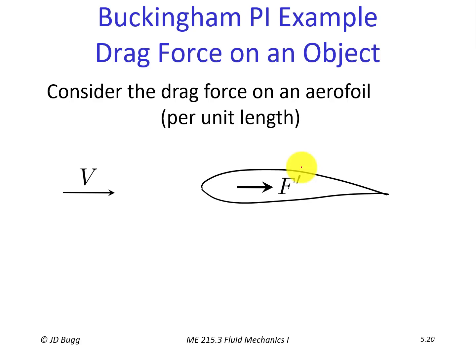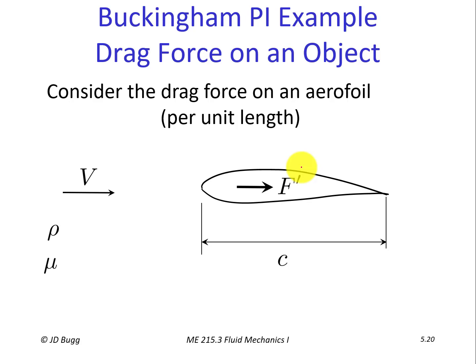So we better start listing V as one of our independent variables. The density of the air approaching it, or the density of the fluid approaching it in general, is certainly also going to have an effect on the force on that object. It's probably true that the viscosity of the fluid will also have an effect on the force on that object. And also, the size of this airfoil, represented here by the chord length, c, is also going to have an effect on the force on that object.